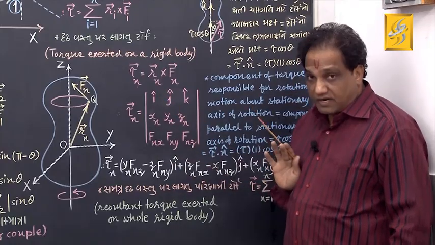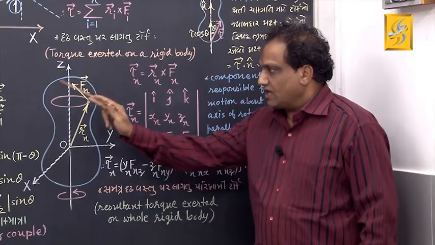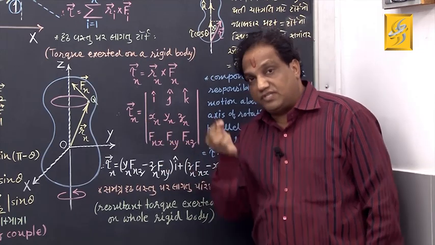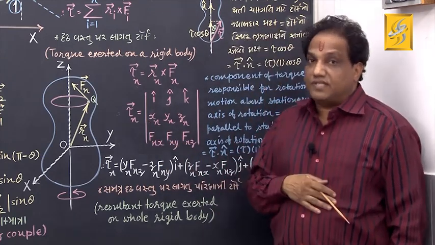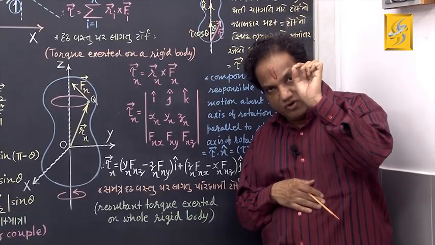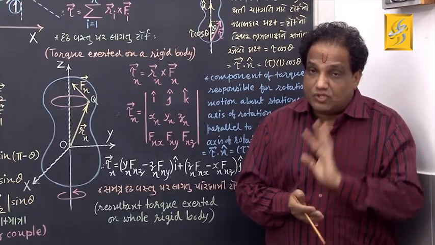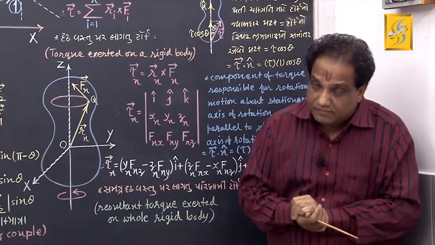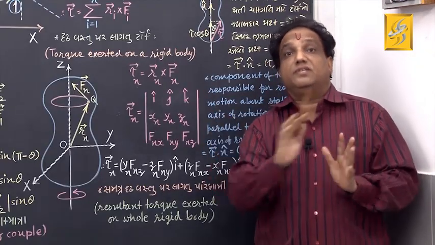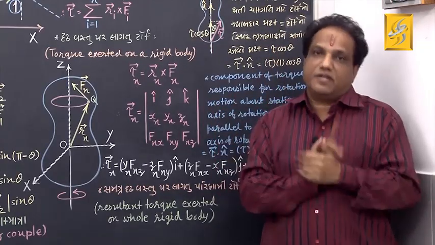Now you may wonder, we want the torque exerted on the entire rigid body, so why are we finding the torque exerted on a single particle? The reason is that whenever you exert torque on only one of the constituent particles of a rigid body, it does not produce rotational motion in that particle alone, but along with that particle it produces rotational motion in the entire rigid body, as if you were exerting torques on all the constituent particles.